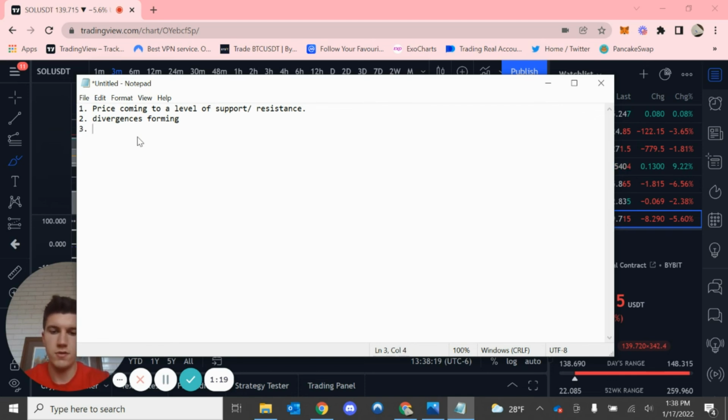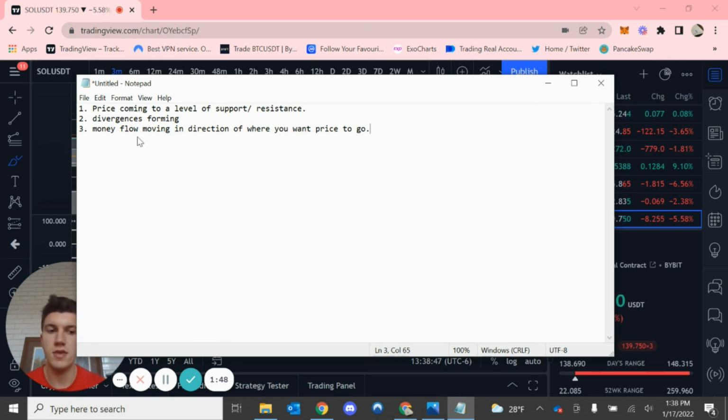The third thing you want to look for is money flow moving in direction of where you want price to go. For example, you want to see money flow coming up when you are taking a long, and you want to see money flow coming down and leaving the asset when you are taking a short.